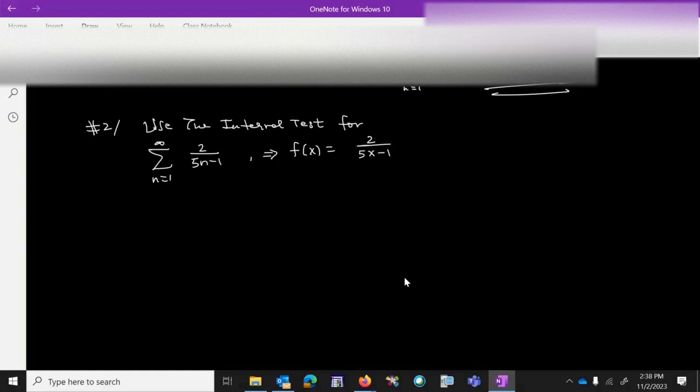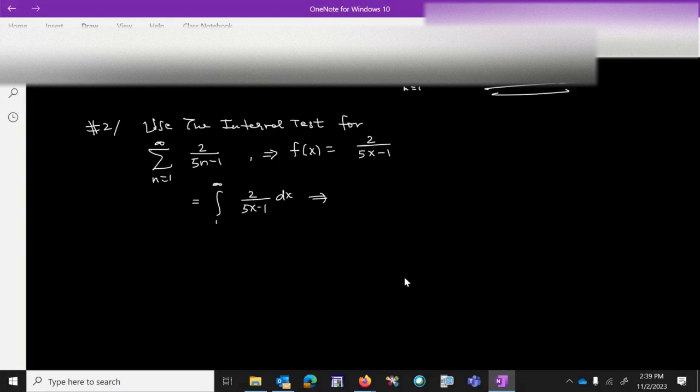This is my function. The next step is to put it in the integral. So this simply means the integral from 1 to infinity of 2 over 5x minus 1 dx.